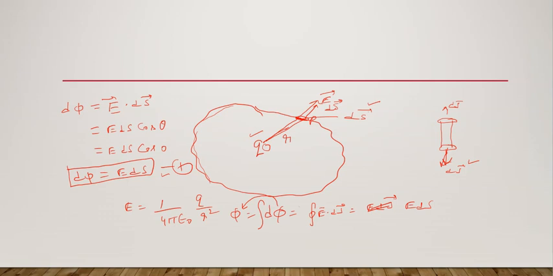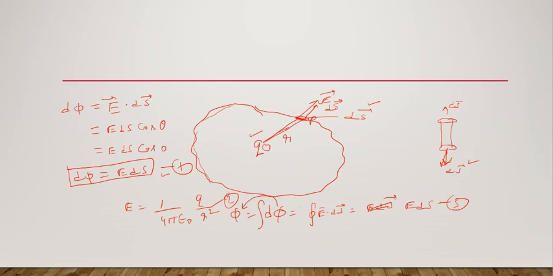Now if we put equation number 2 in this equation, phi equals 1 by 4 pi epsilon naught q by r square, and at the end the integral of ds remains, because we will solve it later.